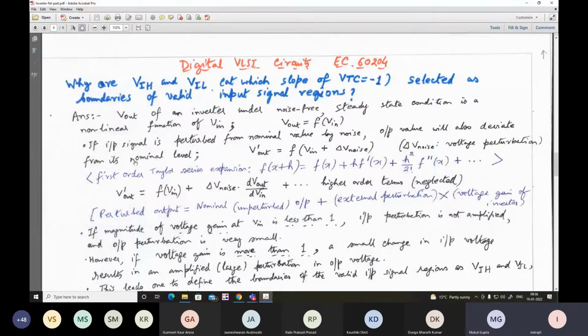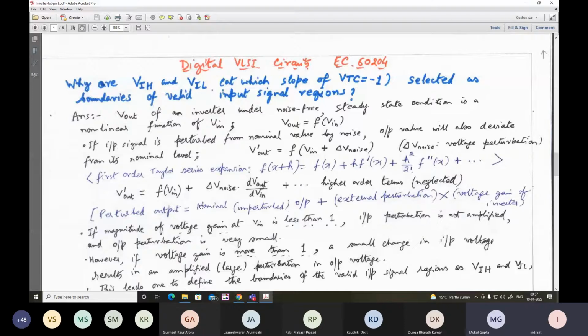If we do a first order Taylor series expansion, that is f(x+h) equals f(x) plus h f'(x) plus h squared by 2 factorial f''(x) plus h cubed by 3 factorial f'''(x) and so on, as you remember from first year calculus.